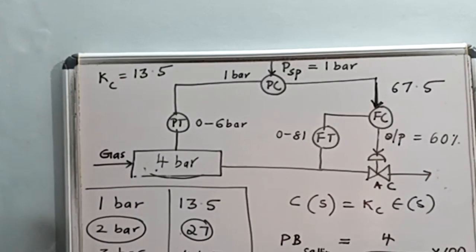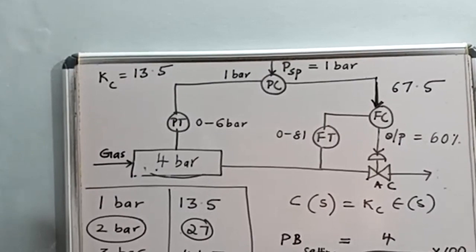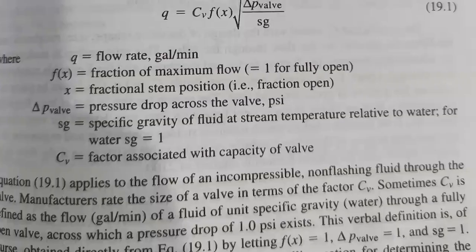Now, the last part is your valve characteristics. So go through the valve characteristic part given in your Seborg notes. I hope we have shared these notes in the class as well. The first equation you should remember is the equation for valve sizing, to specify the size of a valve in terms of its capacity.